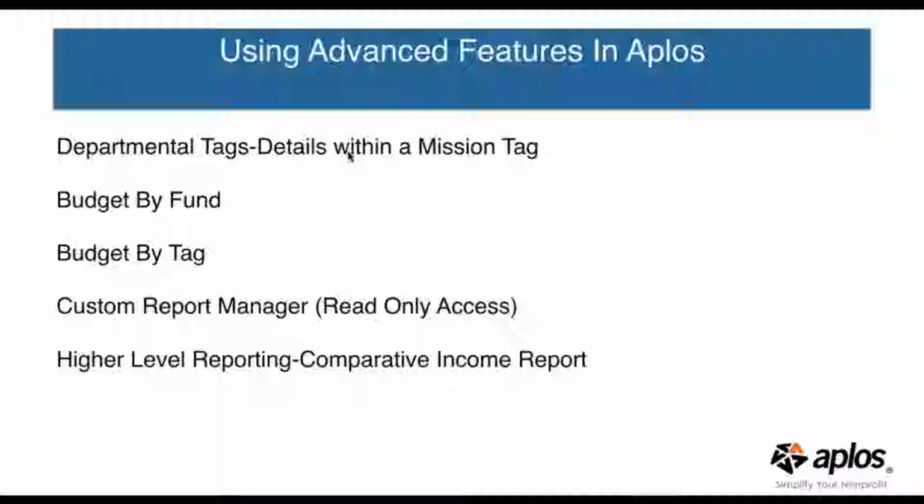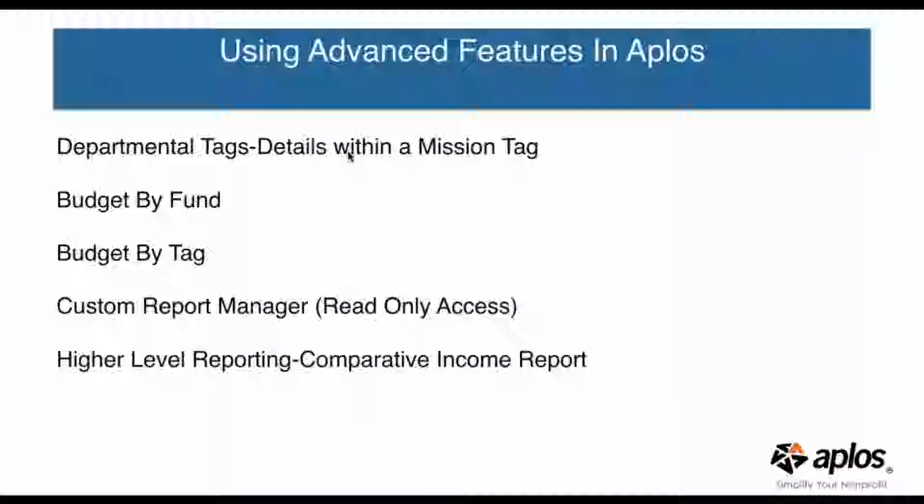Let's say you have a missions fund and you want to do a fundraiser for a specific mission. You can create a tag, and then you can go into a lot more detail on that specific fundraiser, the income and expense within just that specific fundraiser or specific mission or ministry.